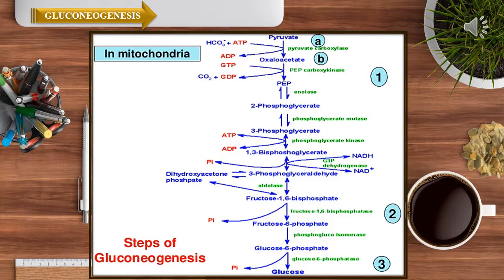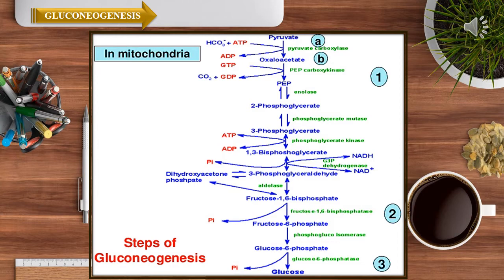Let's see the pathway of gluconeogenesis. It occurs in both mitochondria and cytosol, where pyruvate is converted to glucose.